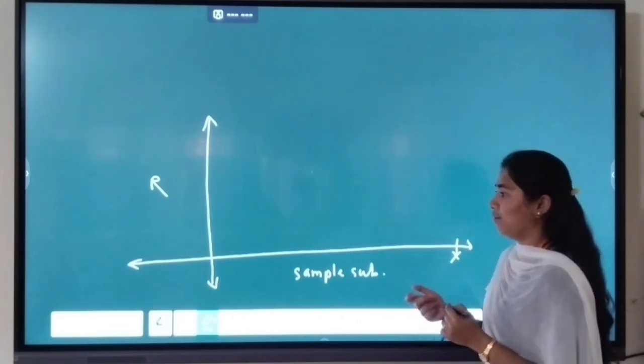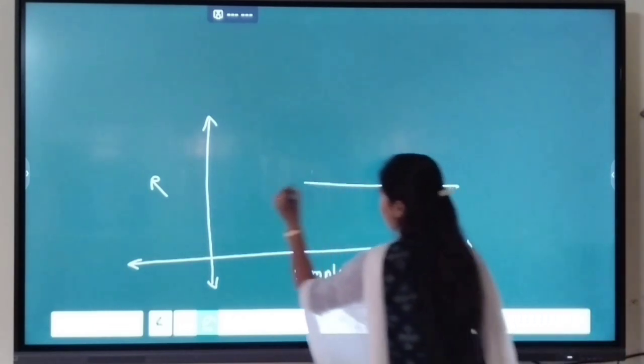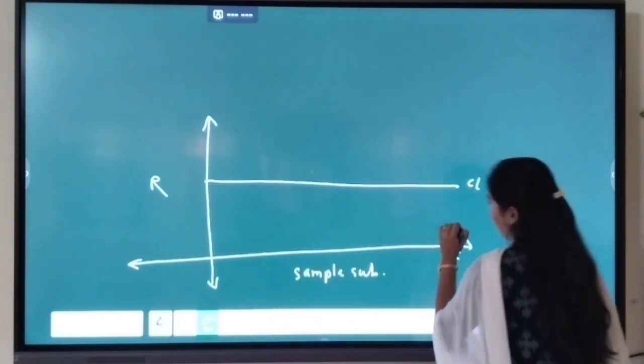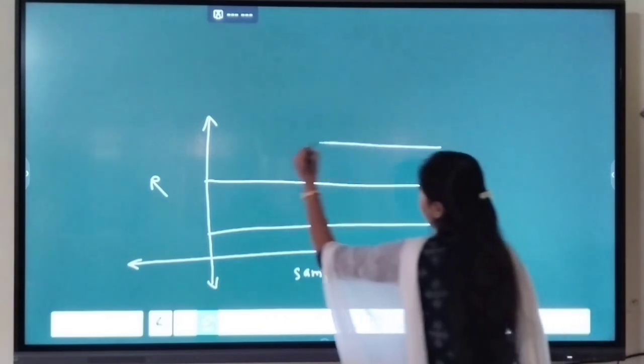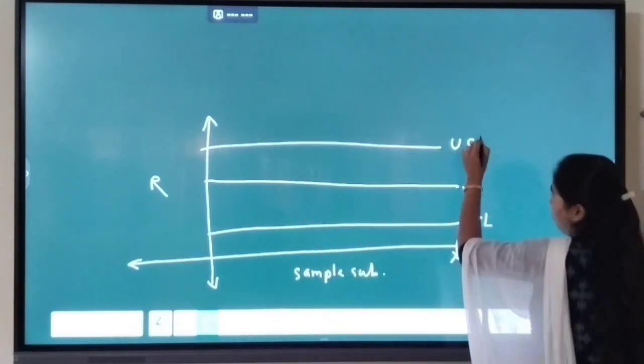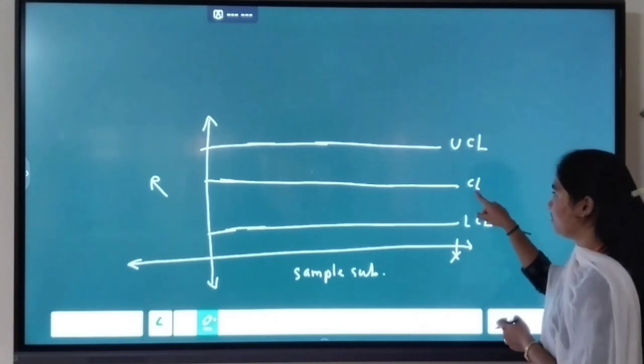From the calculated values of CL, LCL and UCL, we draw three lines. The first one is CL, the next one is LCL, the lower control limit for the R chart, and this is the upper control limit. These are the three lines of the corresponding control limits.